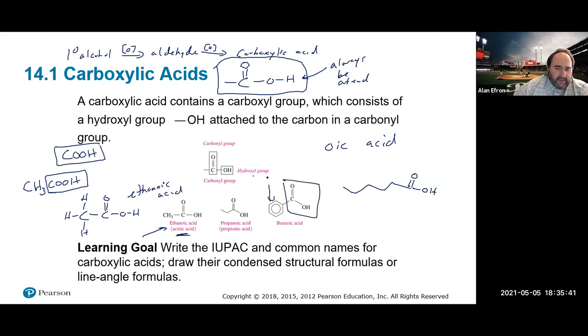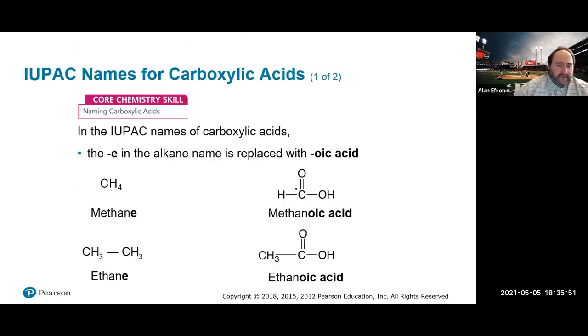That's a benzene ring, which is how we get to benzoic acid, OIC acid there at the end. So as I mentioned before, in terms of naming, we drop the E and put OIC. Because the carboxylic acid group is always going to be at the end, like our aldehyde, we do not need a number for that carbon-oxygen double bond.